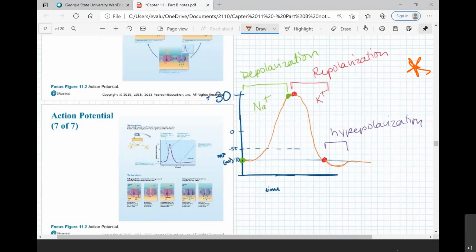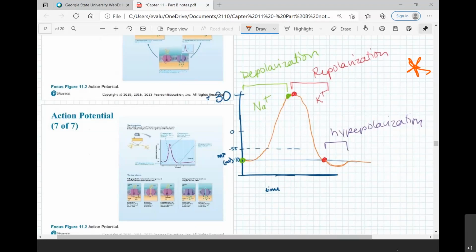Once we get to positive 30, sodium channels close, potassium channels open. If potassium channels open, they are going to move out of the cell, taking all that positive ion with them. You're going to get a repolarization, or a more negative, and it'll go from positive 30 down to negative 70. But this is because potassium channels are open.